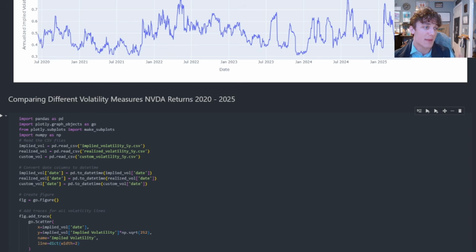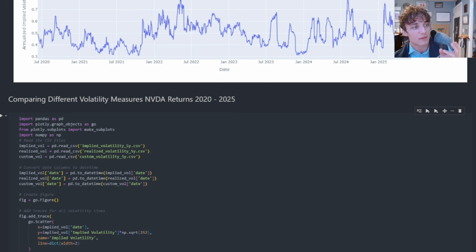Which volatility measure is then correct? We know they're inherently different. We know that the models that we're imposing are inherently wrong. Nevertheless, do they track a similar level? Are they useful in the sense that we're coming up with some sort of actual measure for volatility? Let's take a look.